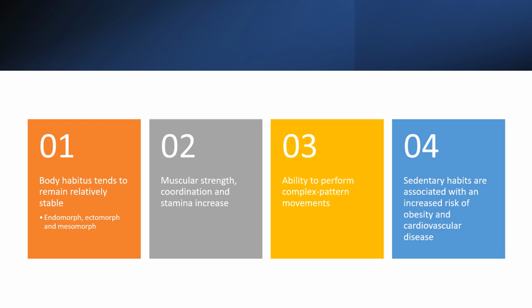The muscular strength, coordination, and stamina increase. Like what I mentioned a while ago in my previous discussion, that's why most of the children are now involved in varsity or starting to join varsity for kids, taekwondo, ice skating, and many more. It's because their motor coordination is now being developed increasingly. They are now fast learners in terms of their skills, especially in sports. Ability to perform complex pattern movements.